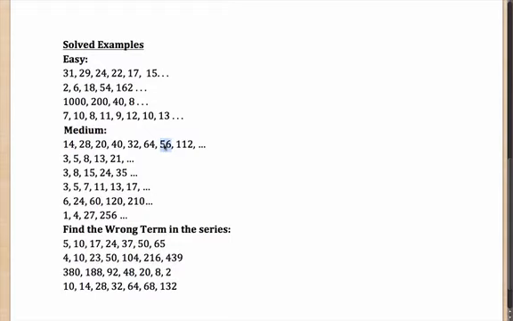So is there a pattern there? Yes, there is. Rise of 6, then a rise of 12, then a rise of 24. The next one will be a rise of 48, which means 56 plus 48 would have given me 104, and that is my answer here.